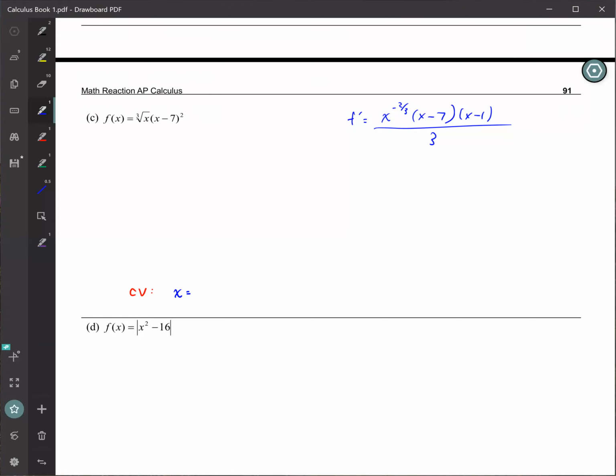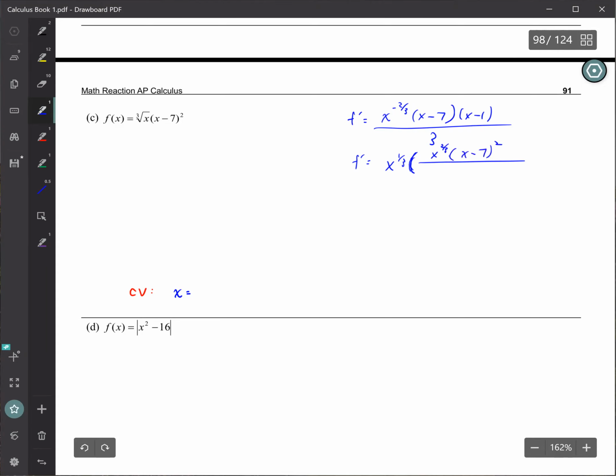Jeffy, do you have the same form? No, but Jesse's looks a lot more concise than mine, and I'm really worried. But I have it factored as x to the 1/3, and then open bracket, and then a big fraction inside. In the numerator, it's x to 2/3 times bracket x minus 7 squared.